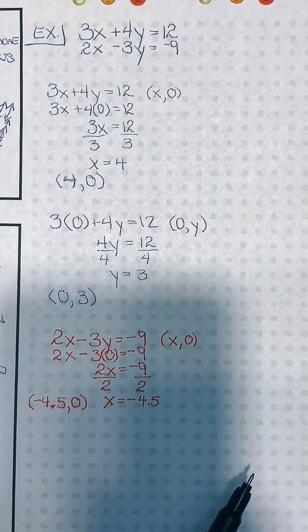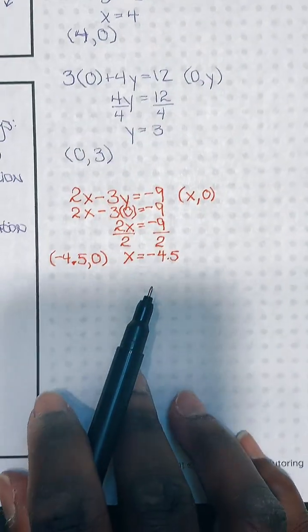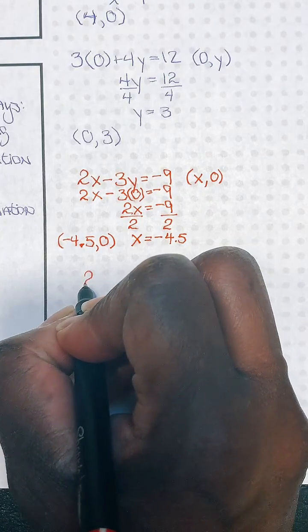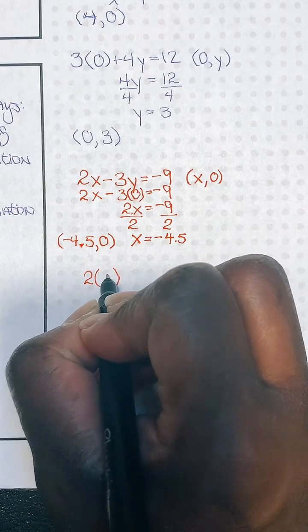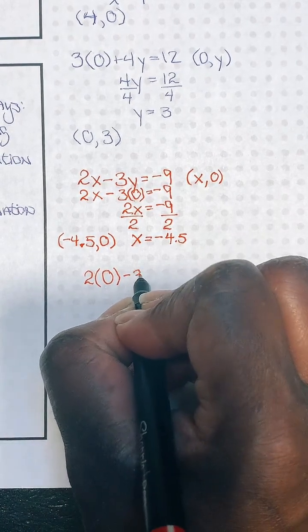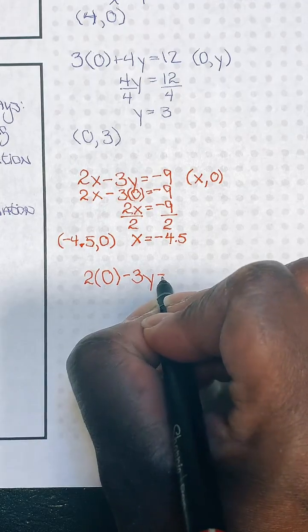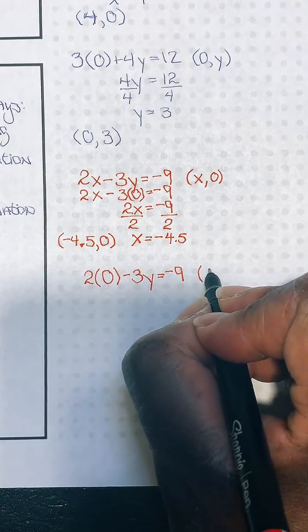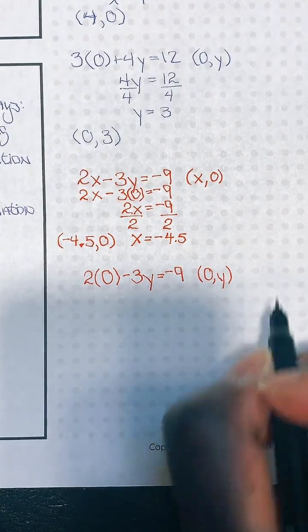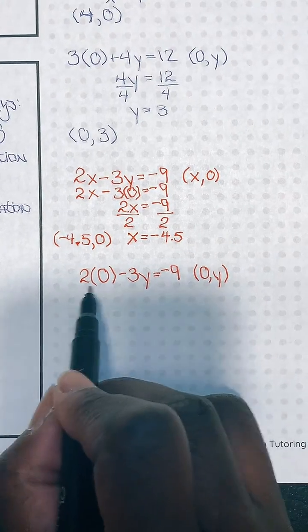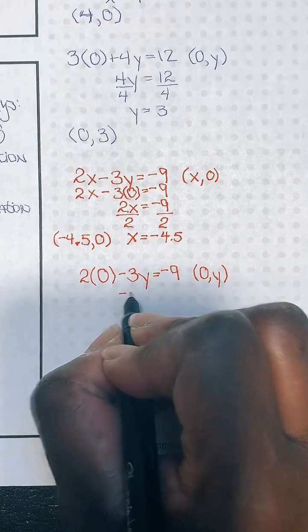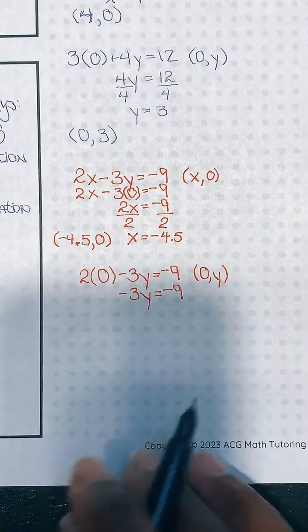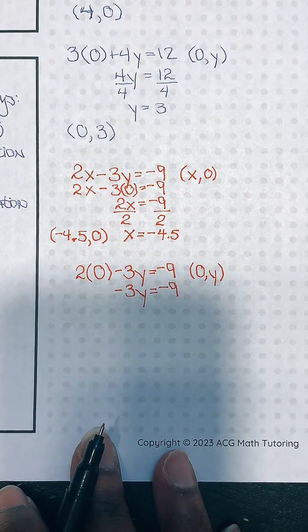Okay. So now if we're going to find the y-intercept, our x is going to equal 0. When I graph it, you'll probably see it a lot better. Okay, so we're doing the y-intercept. Anything times 0 is going to be 0. So it brings me negative 3y is equal to negative 9. Okay.